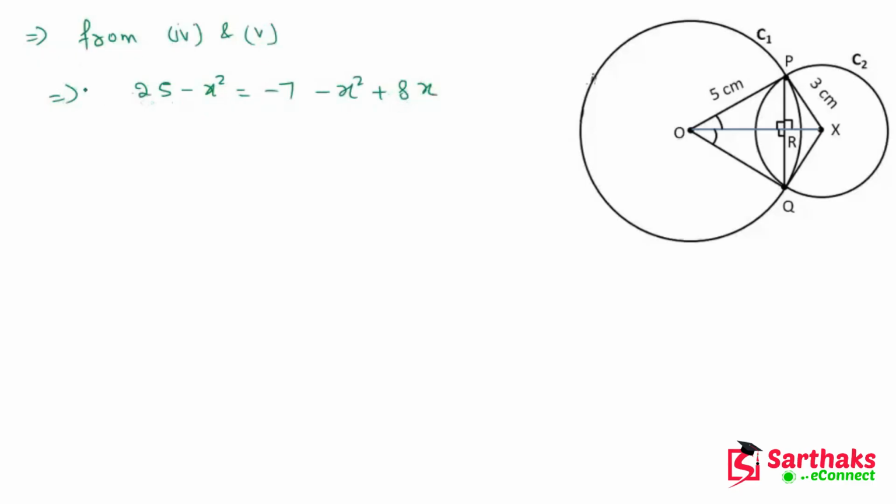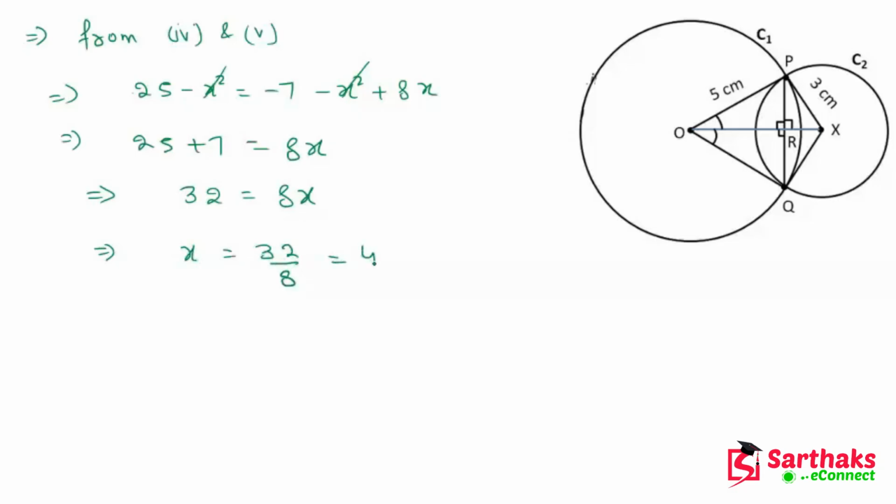Okay, so this minus x square and this minus x square will be cancelled. So here we get 25 plus 7 is equal to 8x. If we add this, we get 32 is equal to 8x. So x is equal to 32 upon 8, which is equal to 4. So now we have x is equal to 4.